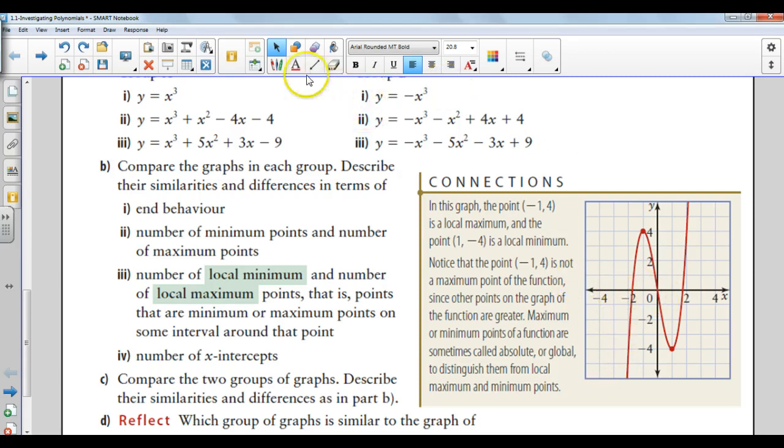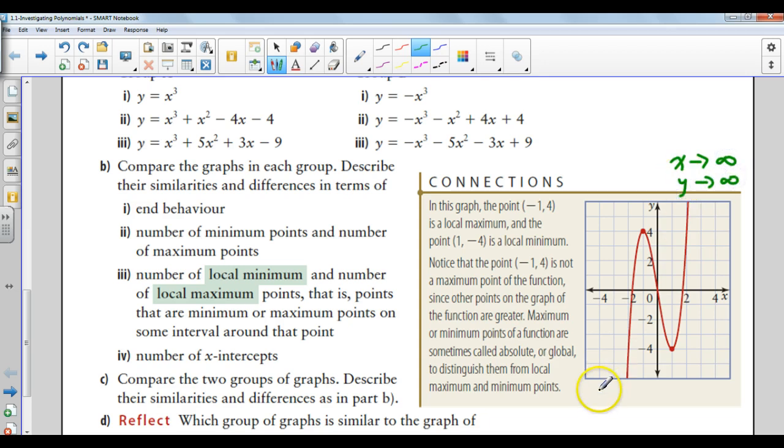How we tend to write those things, for now, we'll just say that as x heads towards infinity, y also heads towards infinity. As x heads towards negative infinity, y heads towards negative infinity.